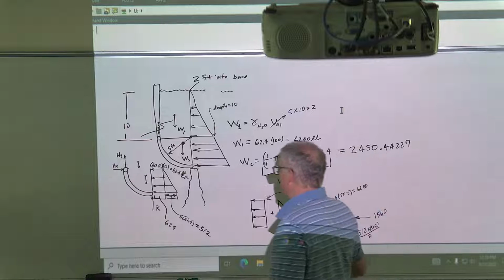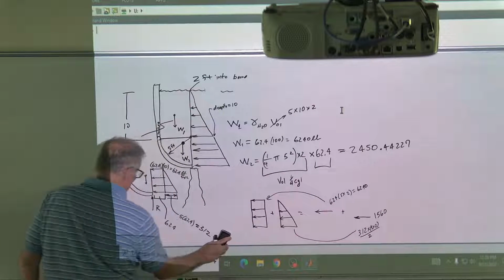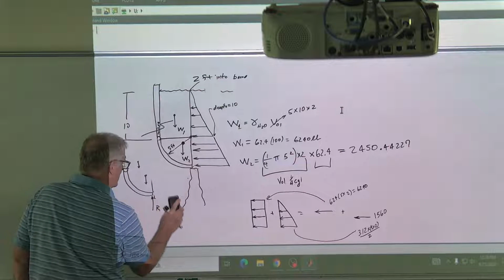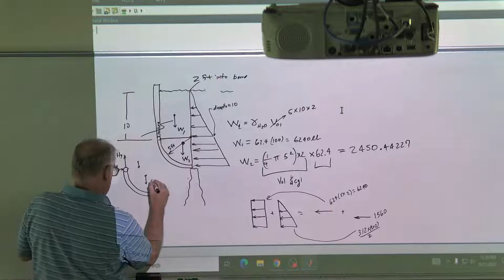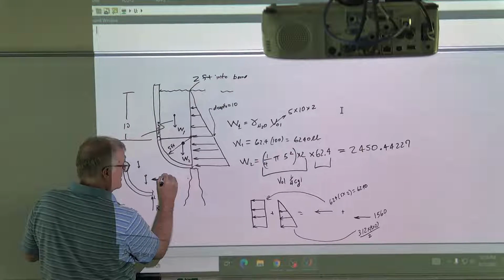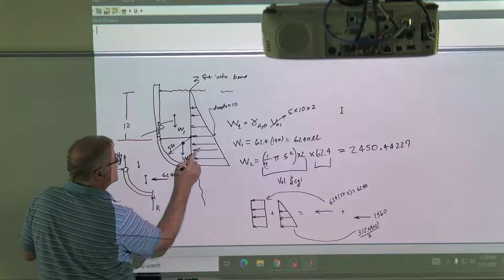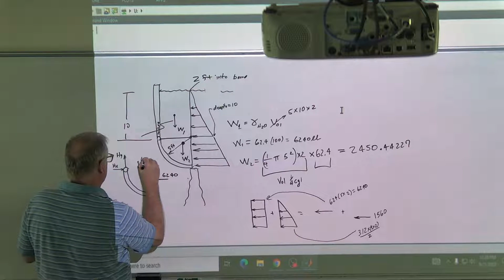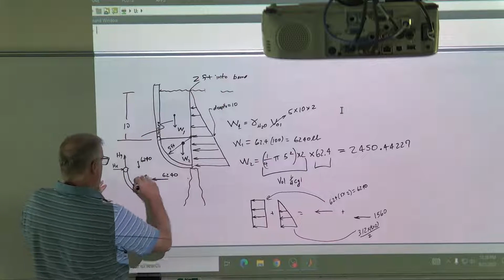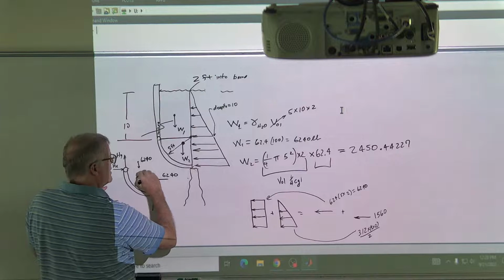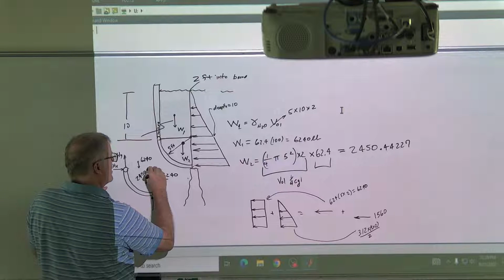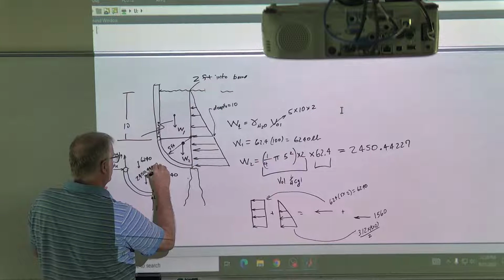So now I'm going to go back over to here and take those loads and put them in there. One load is halfway there, and it's 6240, and the upper one is 6240. The lower one was 2450.44227.